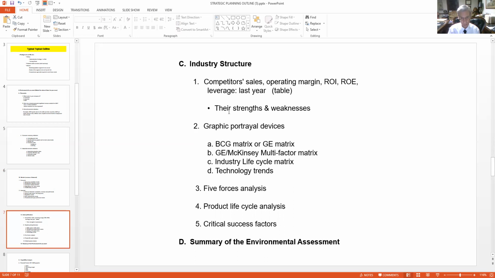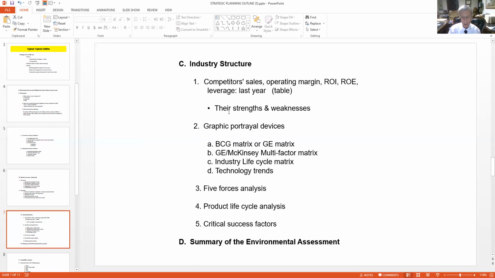Industry structure, of course, relates to the industry that your company is in, the automotive industry, the pharmaceutical industry, the construction equipment industry, and which one? Oh, and the consumer beverage and snack food industry. Who are the competitors to these companies?